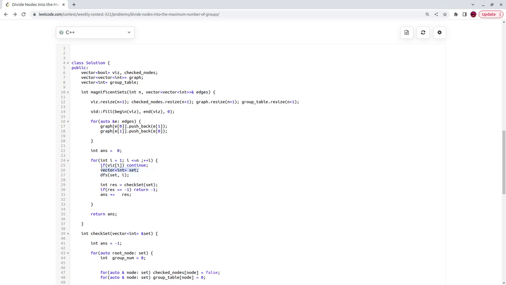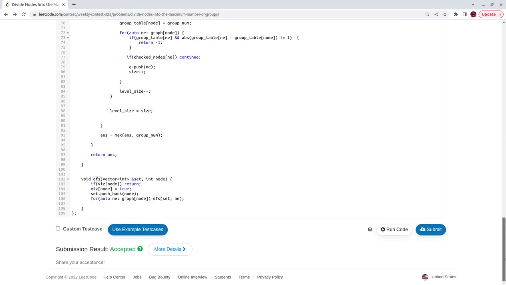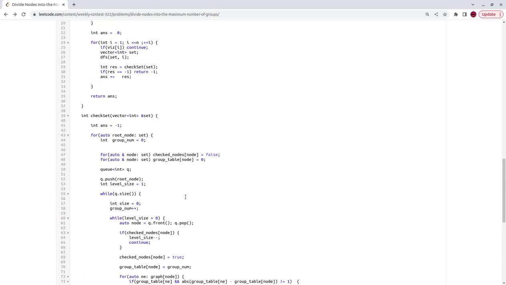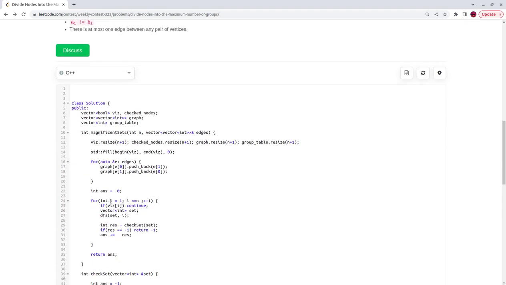So here we have a vector of integers for the set that we need to fill using the DFS algorithm. Here, if the node is visited we return. Other than that we need to push this node into the set, and then we need to recursively visit all the neighbors.